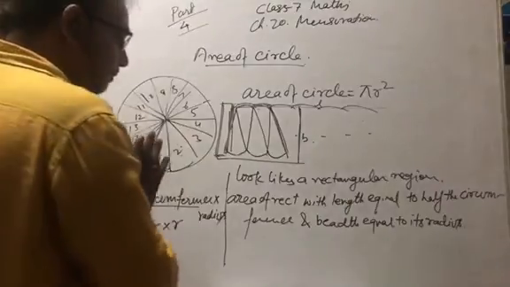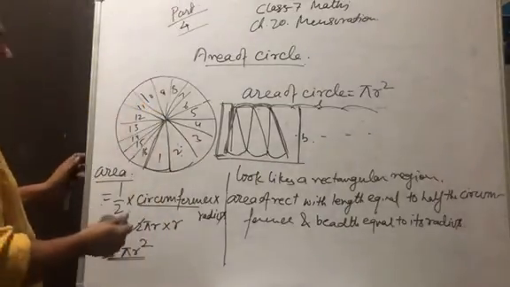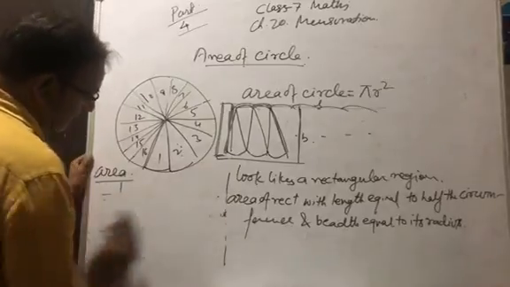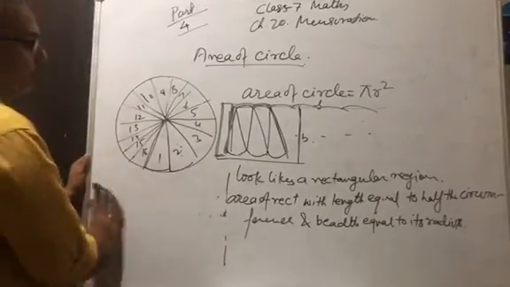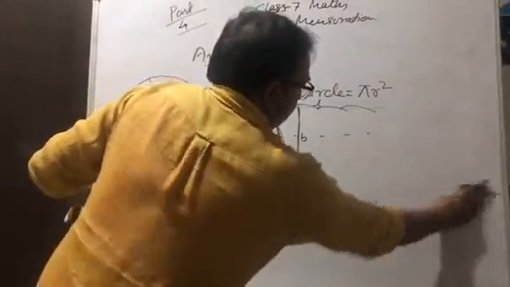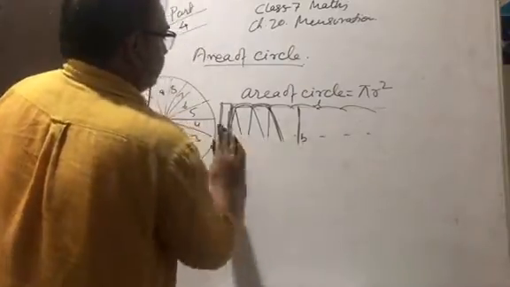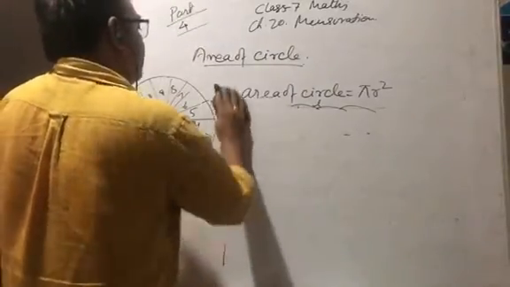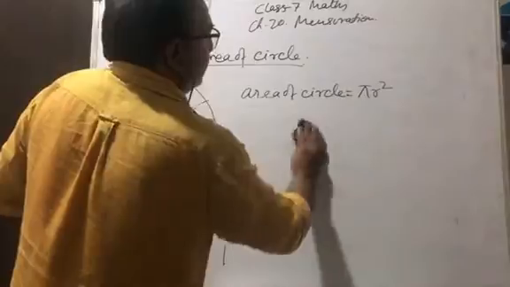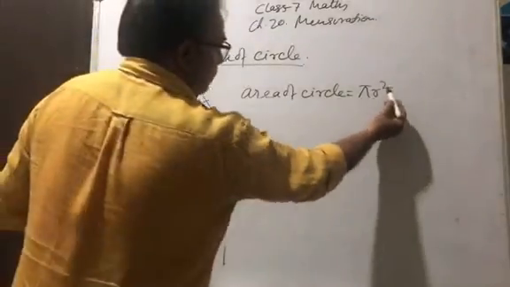Now see, one more thing I want to tell you. The area of the circle is pi r square.